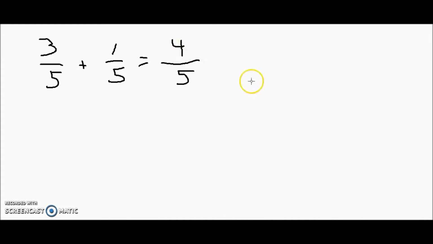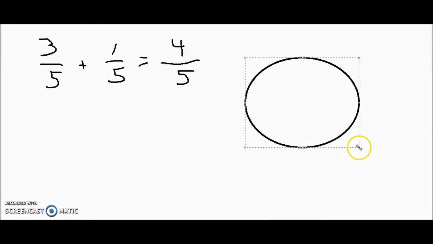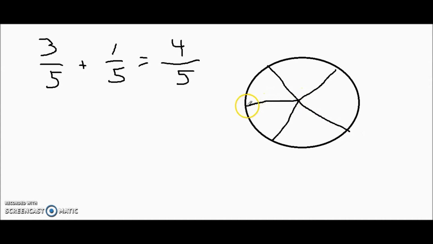And we're going to use our circle diagram to look at our fraction. That's a little bit of an oval, but this is broken down into 5 parts. So that's 5 equal parts in your imagination. We start off, we have 3 of the 5 colored in.